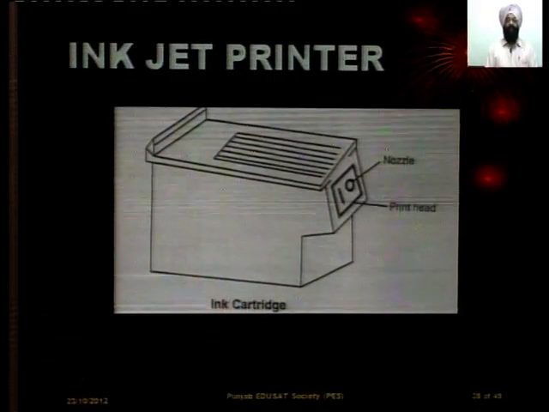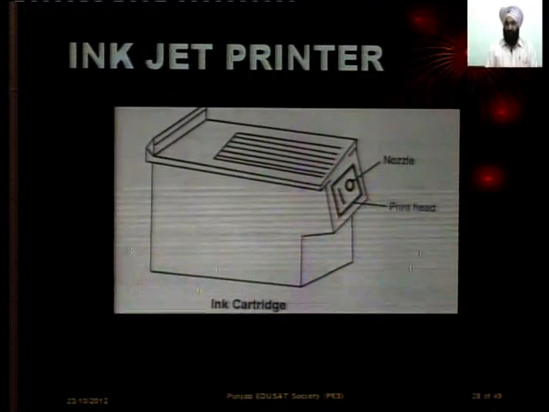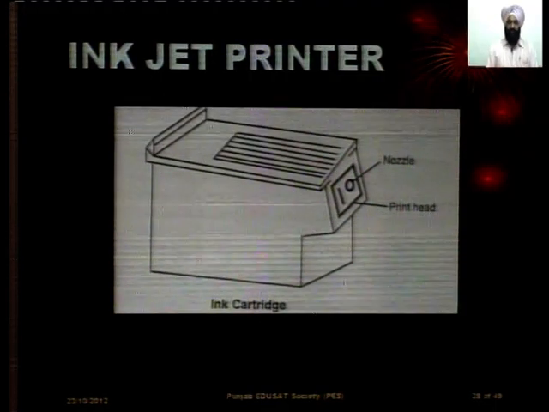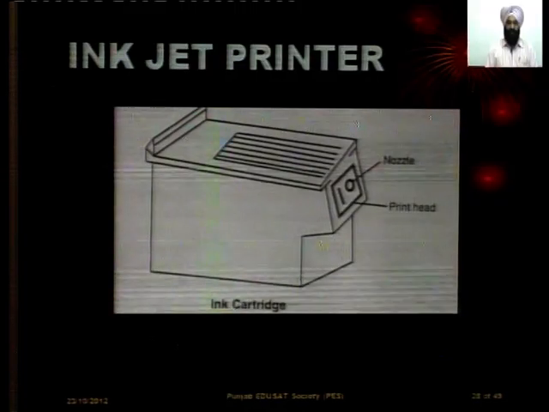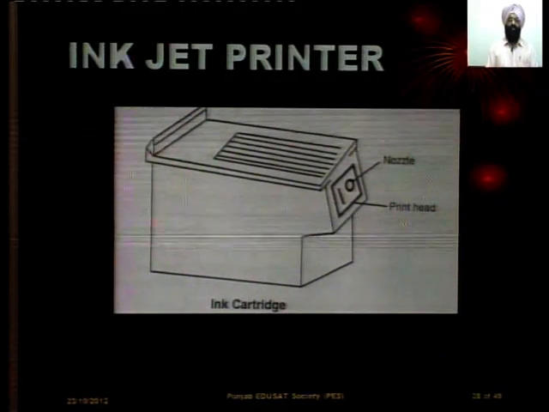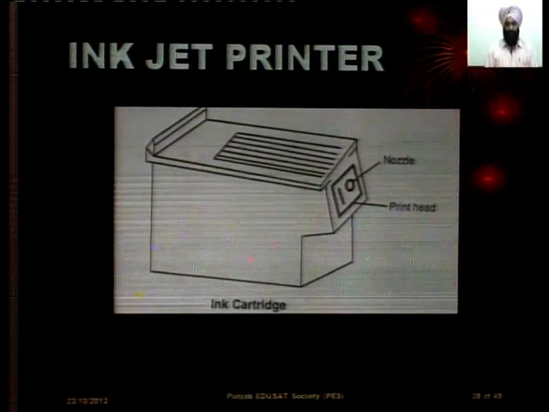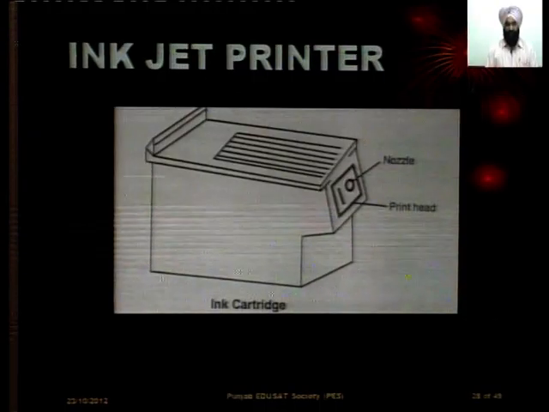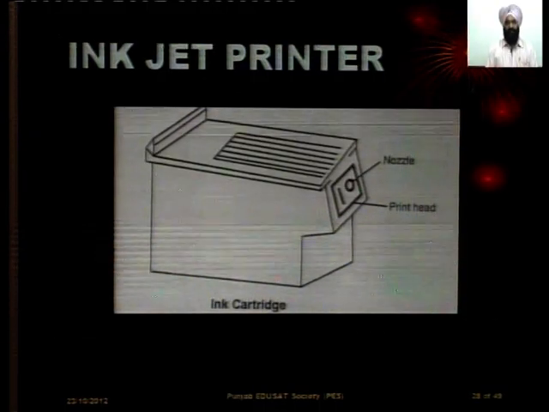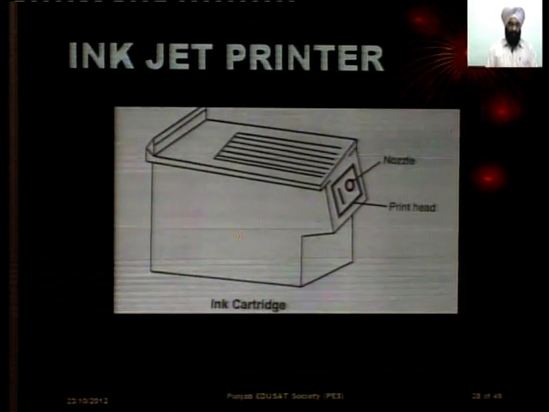This is the figure for the inkjet printer. The ink cartridge is there. Here the print head and nozzle are shown. This print head moves horizontally along with the paper, and the nozzle sprays the ink as per the required dimension.